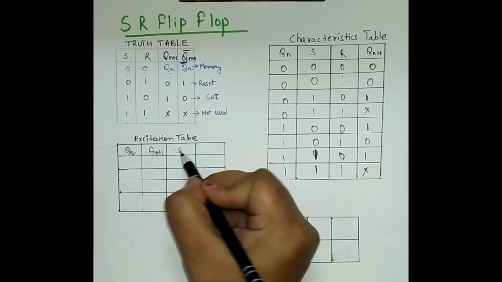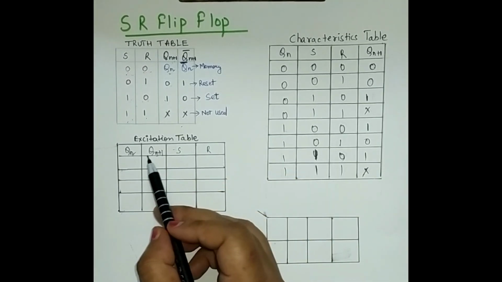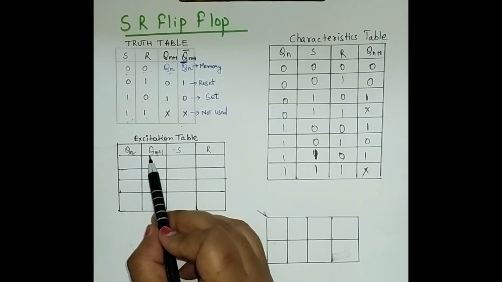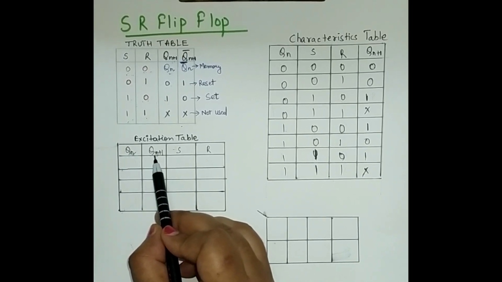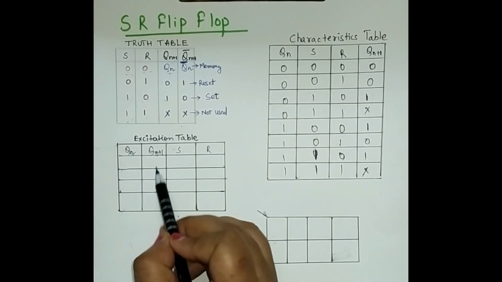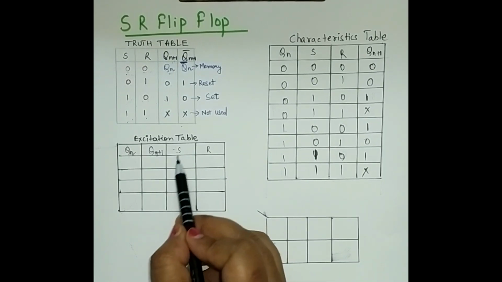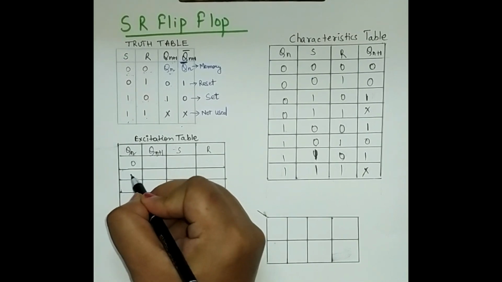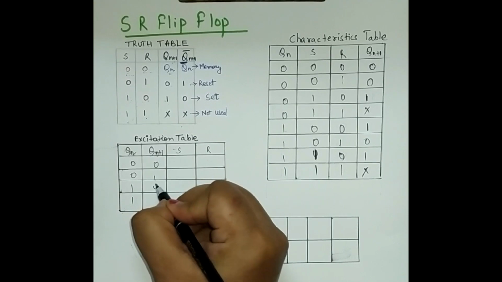This is S and R. Basically this table is about, if you know my present state Qn and my next state Qn plus 1, what should be the excitation, or what should be the input for that? So again, let us write down: 0, 0, 1, 1, 0, 1, 0, 1.